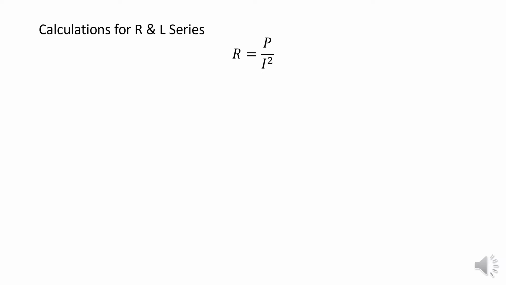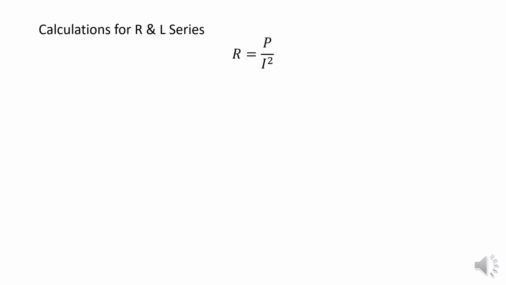I think you can remember what I told you previously: when you have a series combination and you are given the active power P and the reactive power Q, in order to calculate the resistance and the reactance, you use the current value, because the same current goes through both the resistor and the inductor.